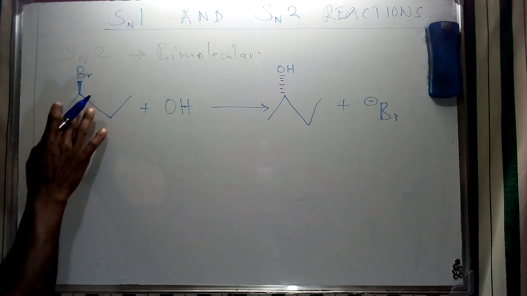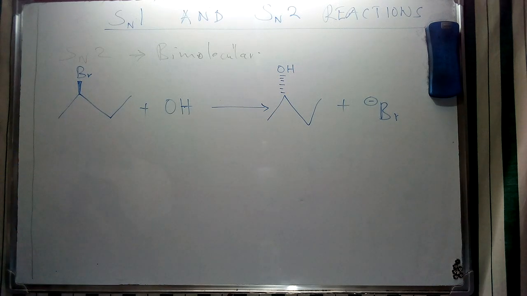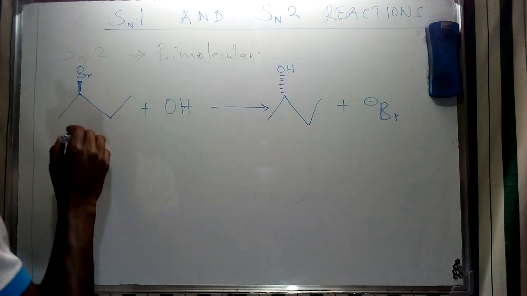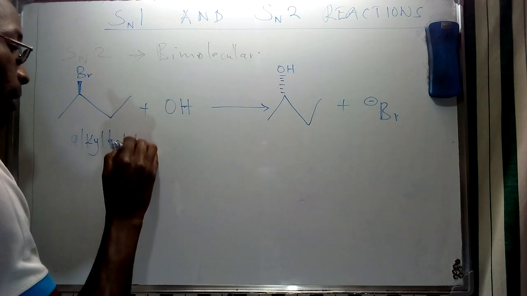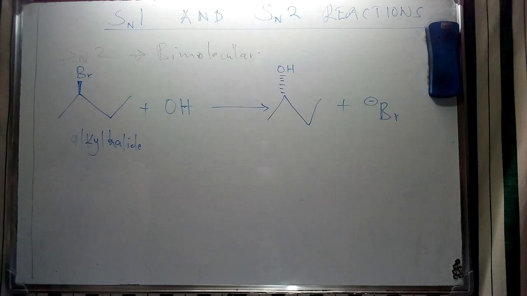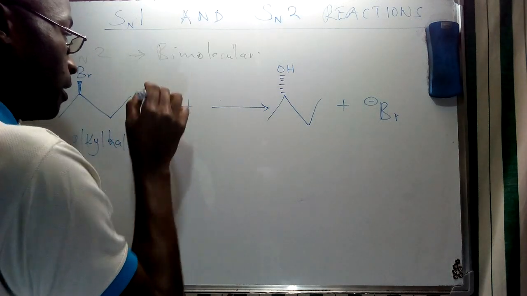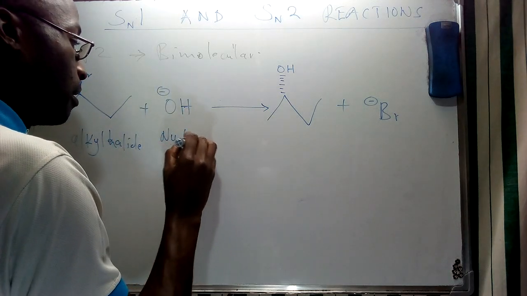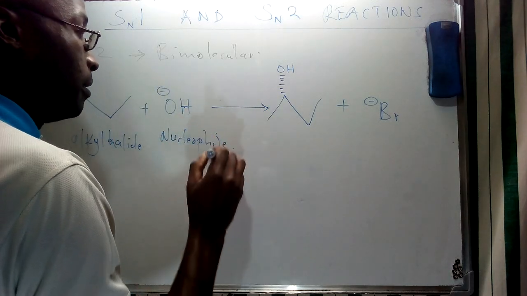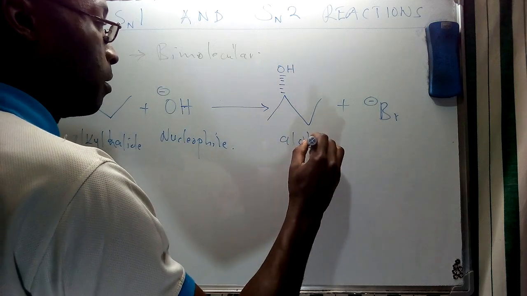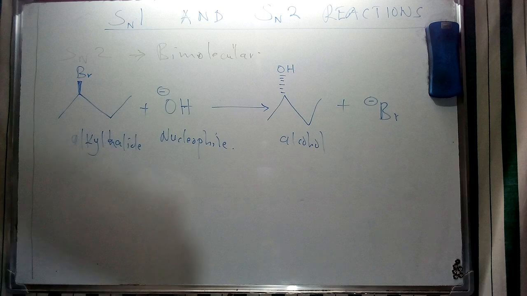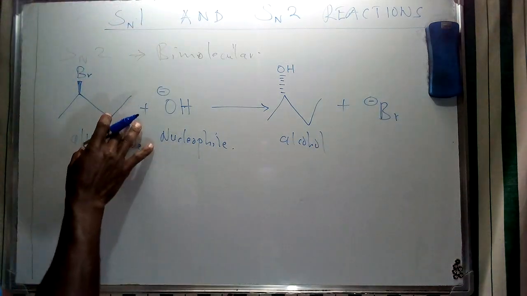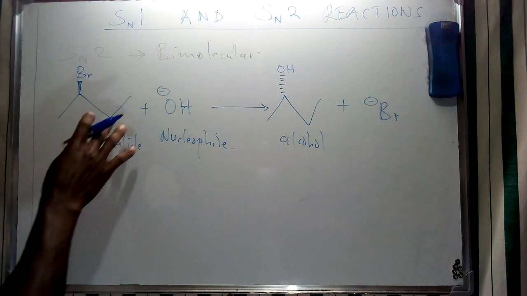In this case, we have an alkyl halide interacting with a nucleophile, and this leads to the formation of an alcohol and a bromide ion, which forms what we refer to as a leaving group from this reactant species.